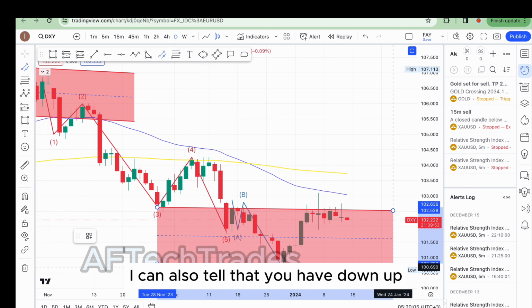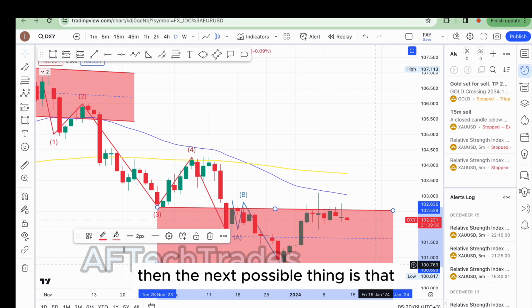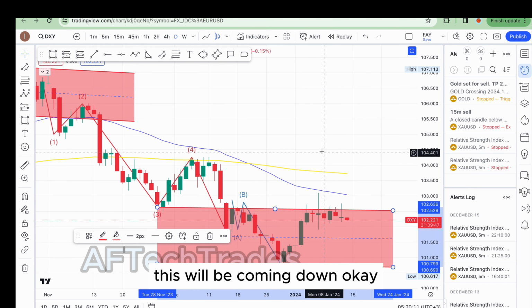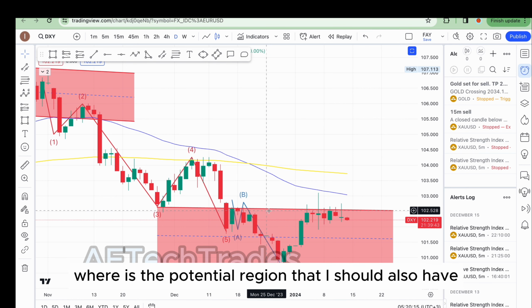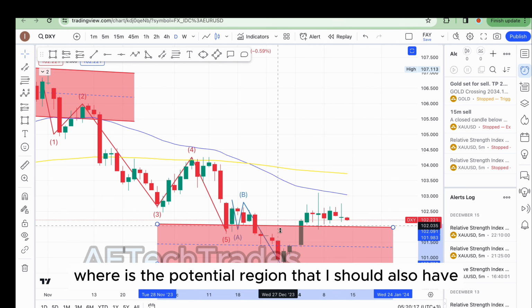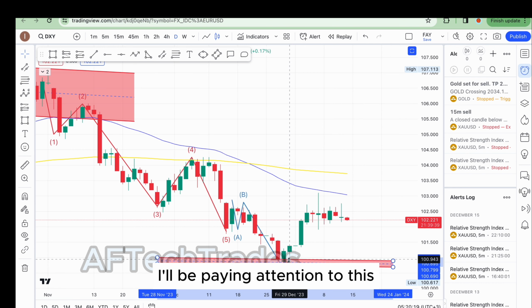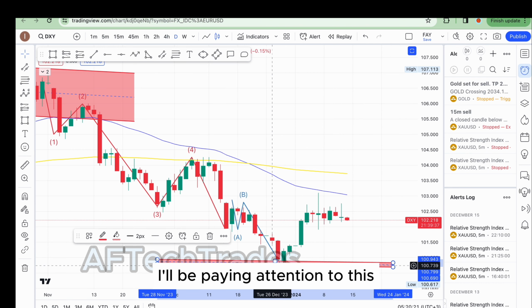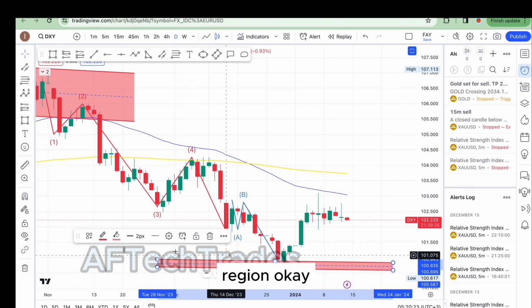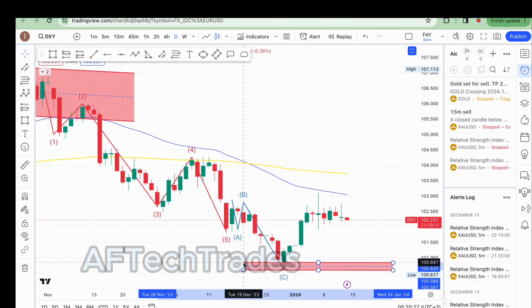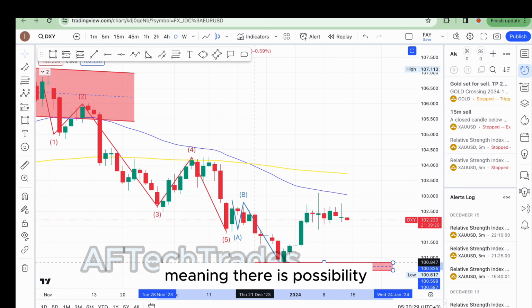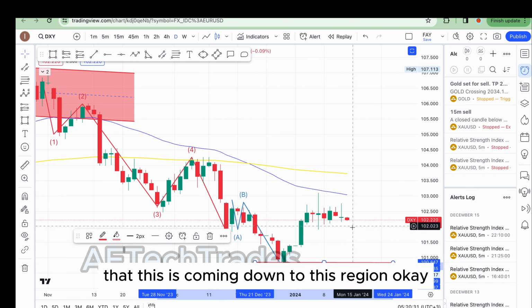I can also tell that you have down, up, then the next possible thing is that this will be coming down. Okay, if this is coming down, where is the potential region that I should pay attention to? I'll be paying attention to this region, meaning there is possibility that this is coming down to this region.